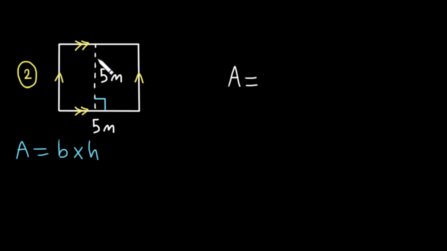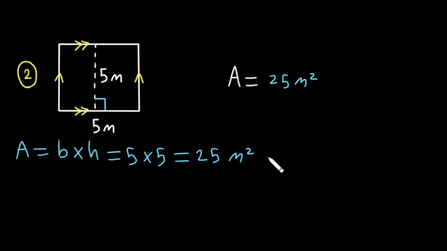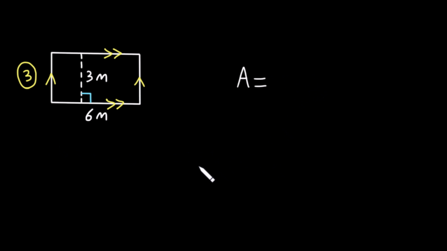So this is the height, this is the base. So the base is 5 and the height is 5, equals 5 multiplied by 5, which is 25 square meters. So the area of this parallelogram is 25 square meters. Now let's take another example.